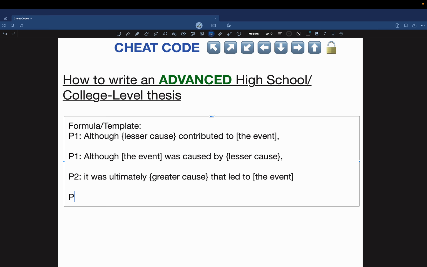or you could say the event was ultimately caused by greater cause.